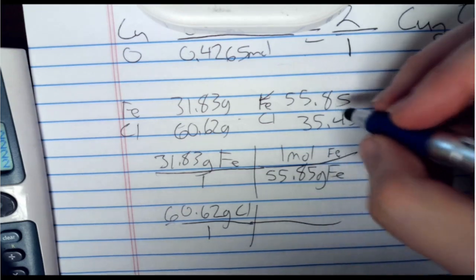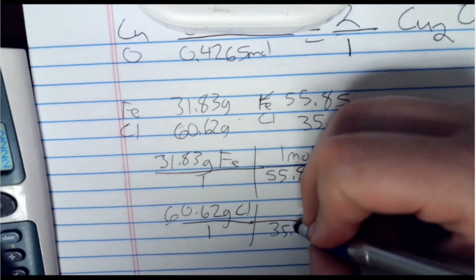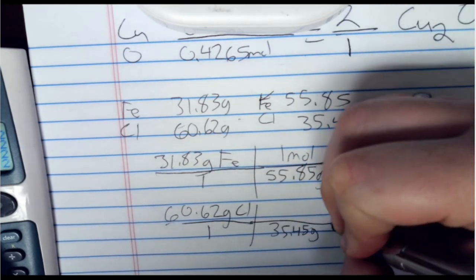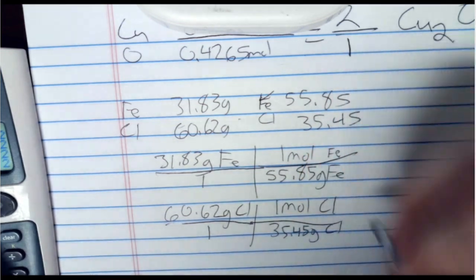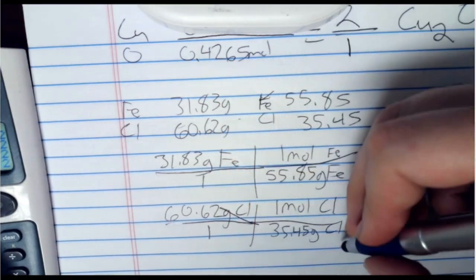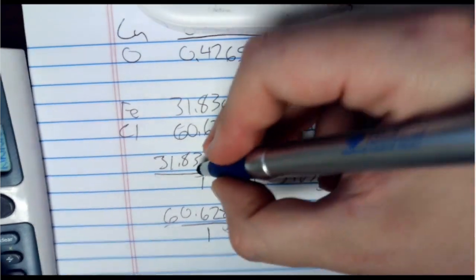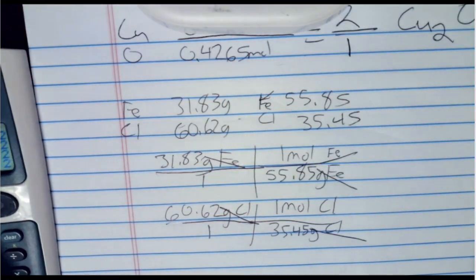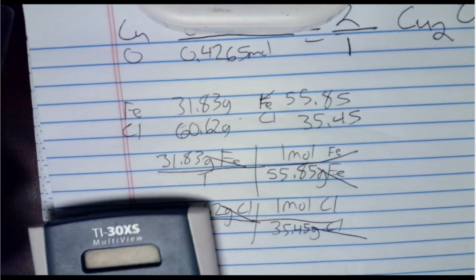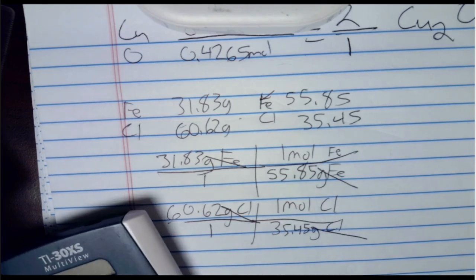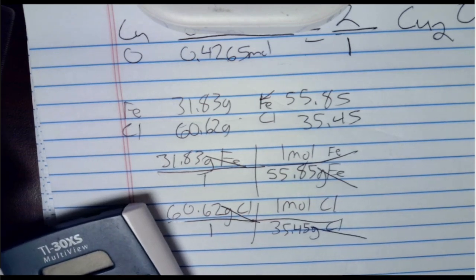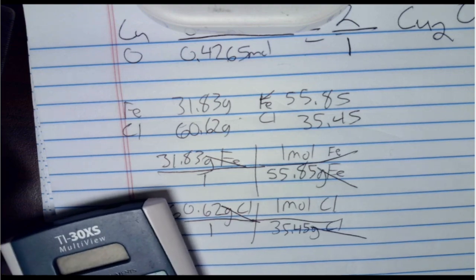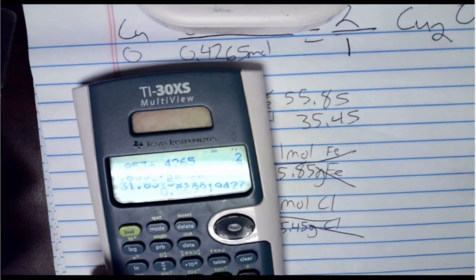The only difference is the molar mass, but the same steps. Grams cancels grams. Let's see, what is 31.83 divided by 55.85? You do that.